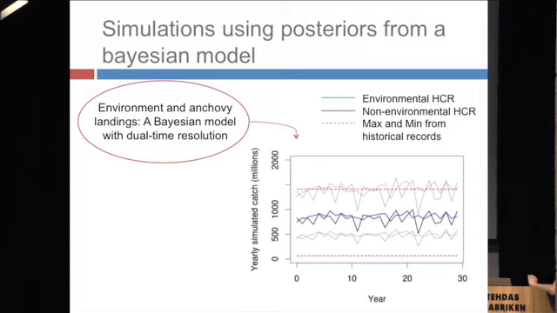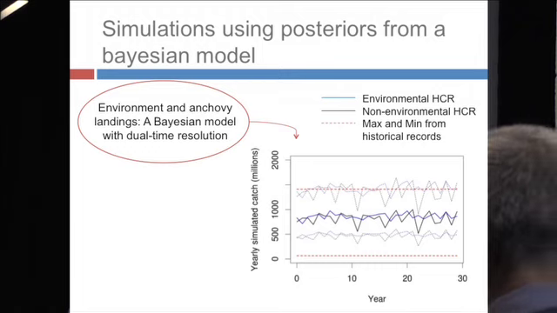Here, the blue line is the median of the simulations under the environmental harvest control rule. And the black solid line is the median of the simulations under the non-environmental harvest control rule. The dotted lines correspond to percentiles 5 and 95.